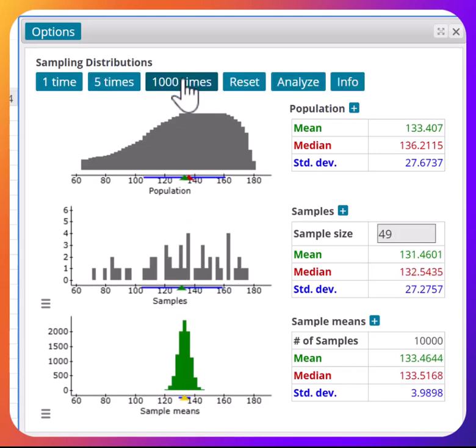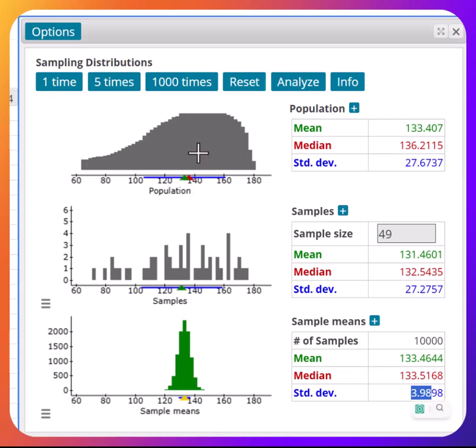There's 10,000 samples. Okay, watch, guys. Original mean is 133.4. Look, 133.46, which is very close. The standard deviation of the original is 27.67. If you divide this by 7, you should get an answer very, very close to this one, which is 3.98.